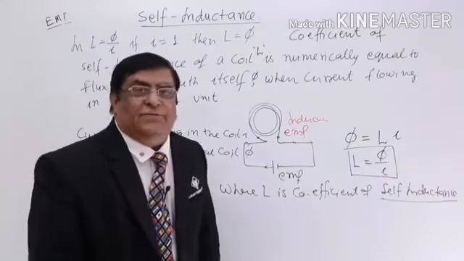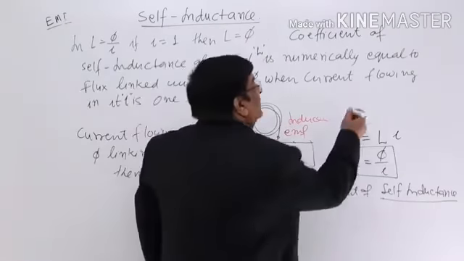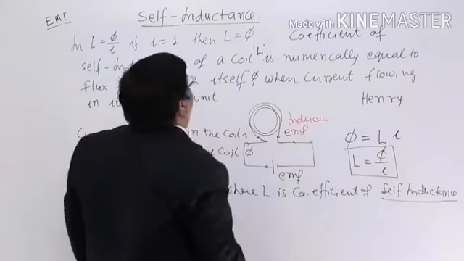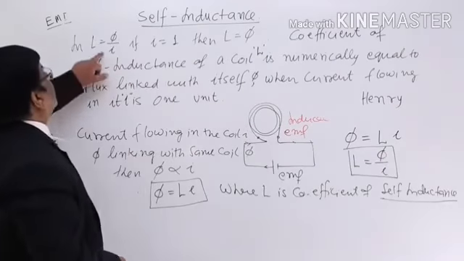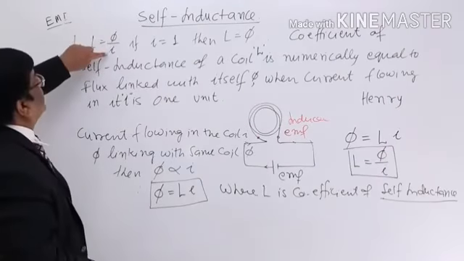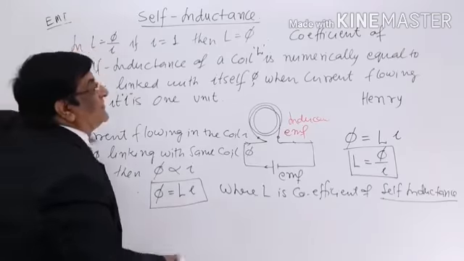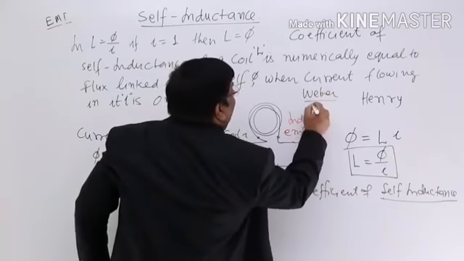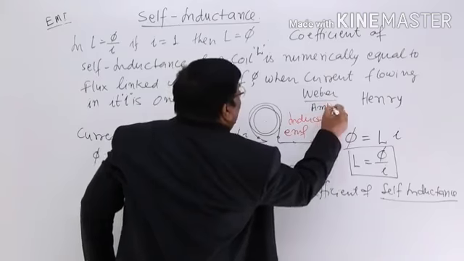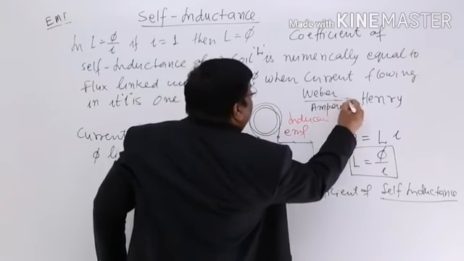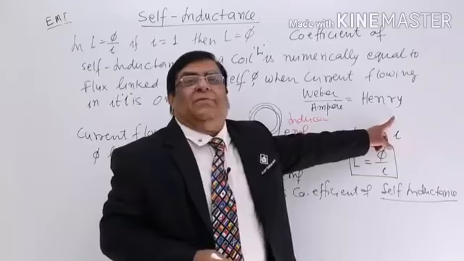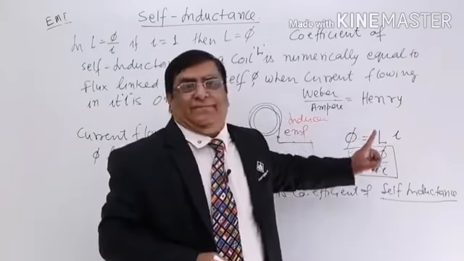Now, the unit of self-inductance is Henry. What is the self-inductance unit here? This is Weber, this is ampere. So it should be Weber per ampere, because we are going to use it a lot. This Weber per ampere is converted into a derived unit and we gave it a new name, Henry.